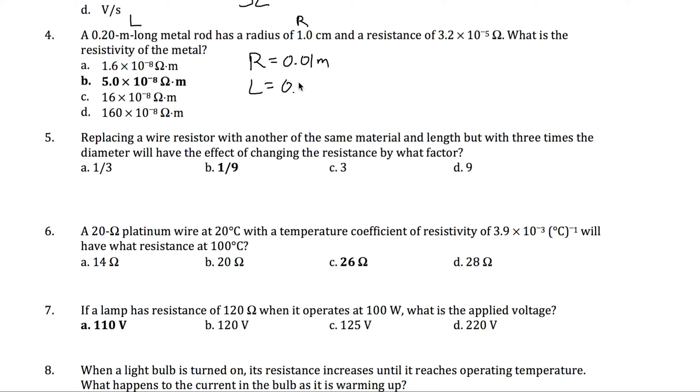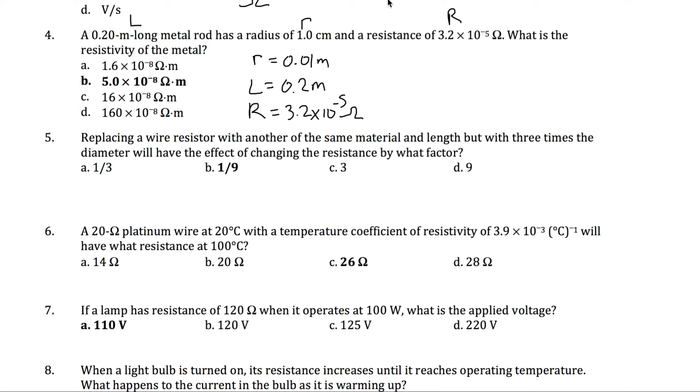The length was 0.2. And we're given the resistance. Oh, so I have two R's here, so let's call the resistance the big R, but let's call the radius small r so we don't get our R's confused here. So the resistance is 3.2 times 10 to the negative 5. And we're looking for the resistivity.